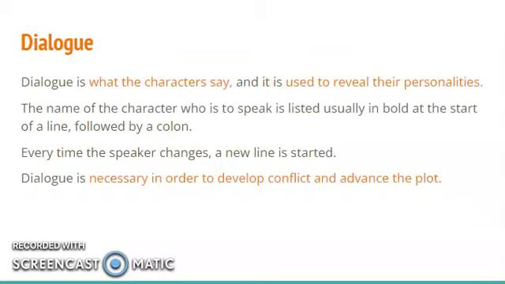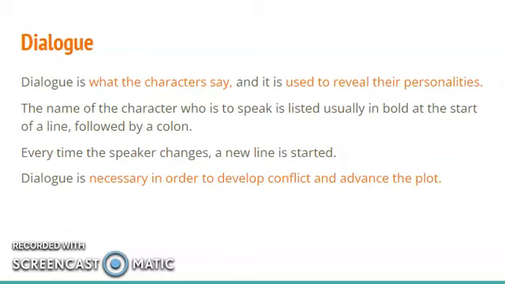Dialogue is extremely important as well, because this is going to be the majority of the play, dialogue between characters. So it's what the characters say, and it's used to reveal their personalities, feelings, thoughts, all of those things that we would maybe get from a narrator in a traditional short story or novel.